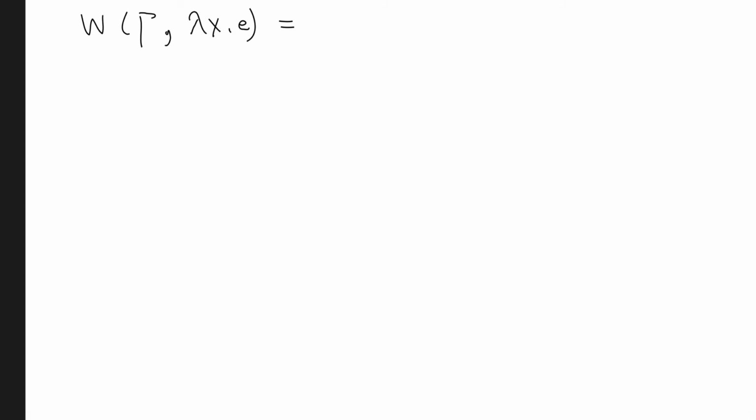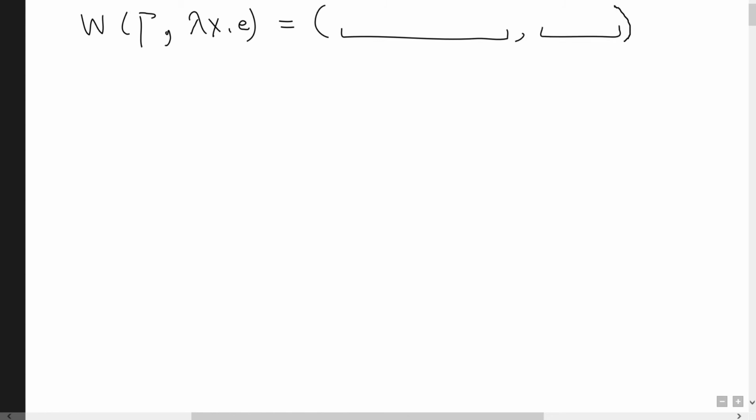The second case is typing context gamma with lambda abstraction. So now you have to find a type substitution and the resultant type for this lambda abstraction. Here, we don't know the best type that we can assign to variable x.